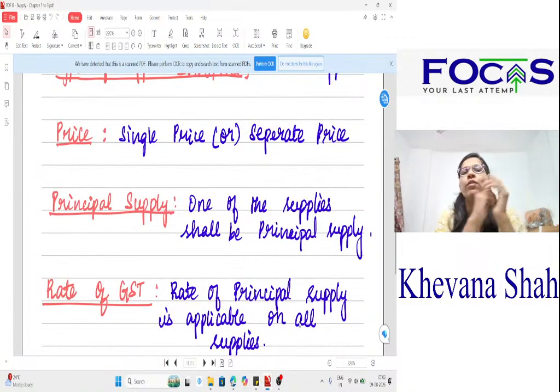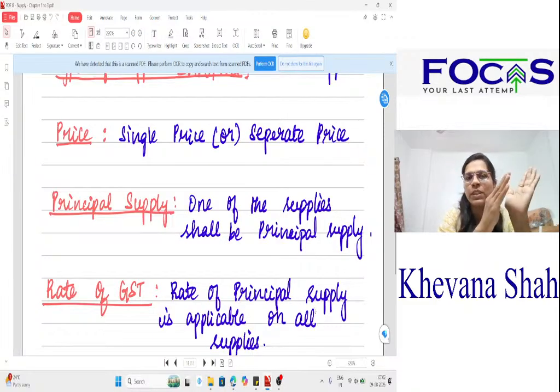Now the next question that you might be having is, what is the rate of GST that I will be levying on these composite supplies? So always remember, in composite supply we will have one principal supply and we will have other supporting supplies. So what do you understand by the principal supply? The main supply of that particular bundle will be your principal supply.